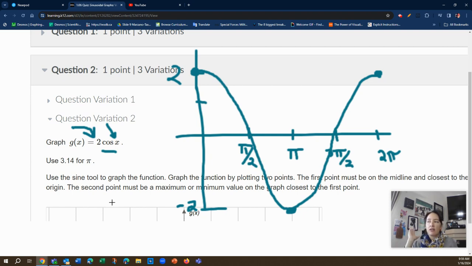I wanted to sketch that first. Do a hand sketch to help yourself, or find those key points that you know you're going to click. So what are the key points? It wants you to hit the midline first. So you're going to click pi over 2, if that's 3.14, so 3.14 divided by 2 is 1.57. So you're going to click on 1.57, then click the max at 0, 2.